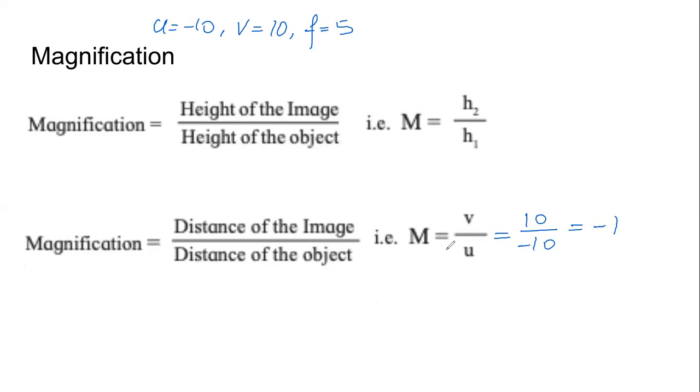This number tells us two aspects of the image, right? There is a number part and there is a sign part. The number part tells us that the size of the object and the size of the image are the same. 1, 10 by 10.